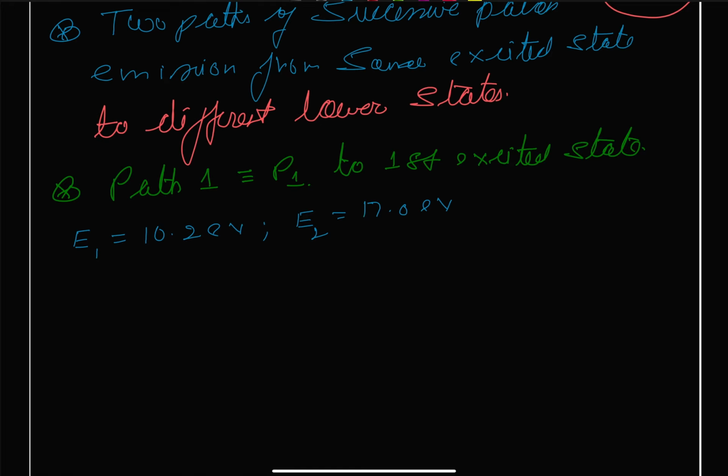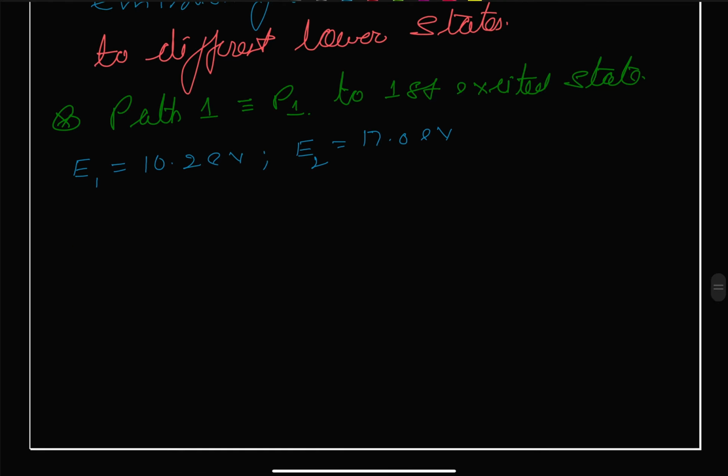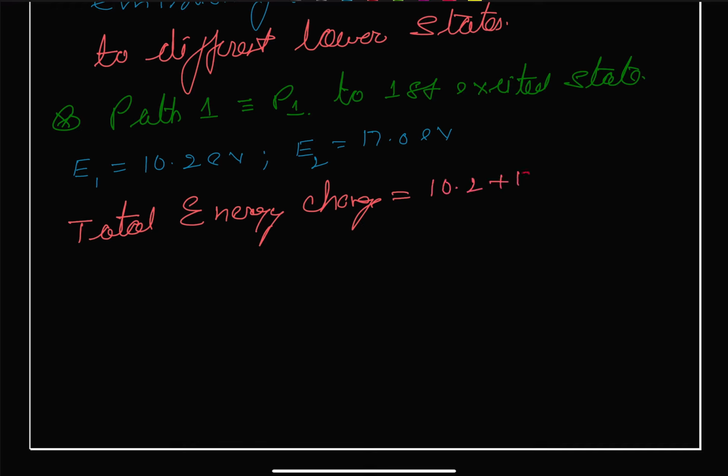So therefore we can say the total energy change will be equal to 10.2 plus 17, which gives us 27.2 electron volt.